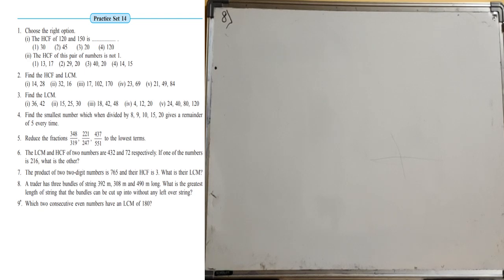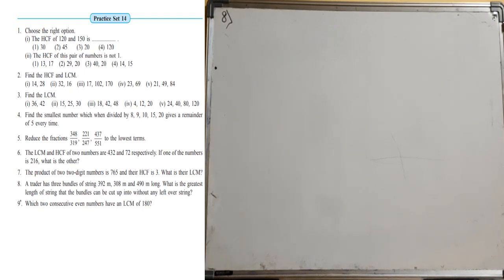Similarly, you have to divide the bundles of the other strings also into equal parts, but they are asking what will be the greatest length such that there will be no strings left after that. It means you have to find the length such that when you cut them into that length, there will be no extra strings left.